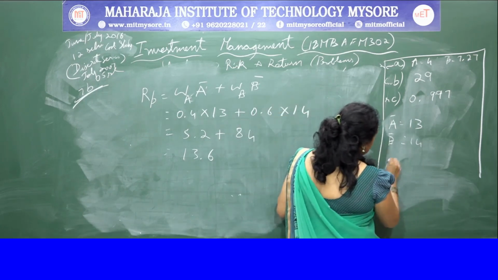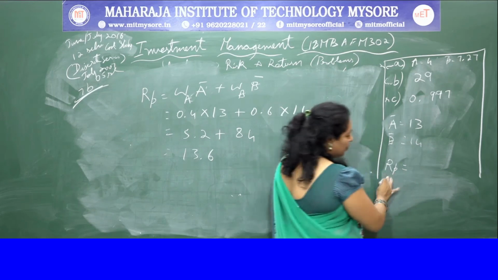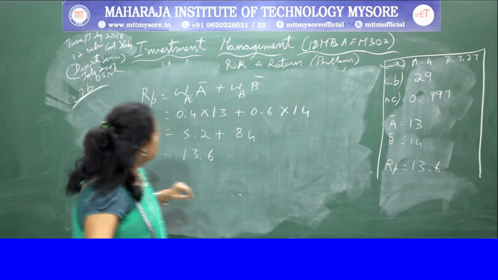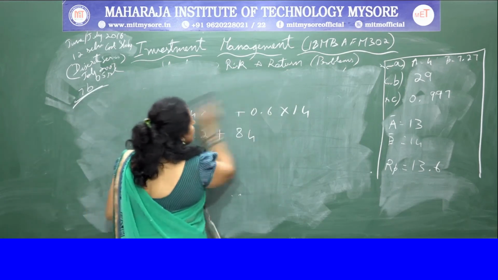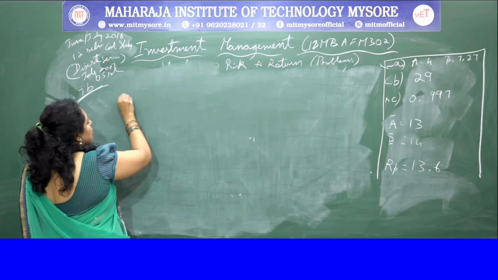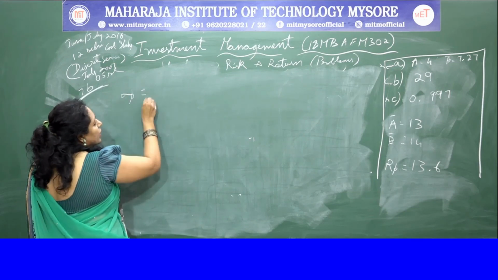So here it is written 13.6. I'll write it here. The return of the portfolio is 13.6. In the same way, for the standard deviation, I'll just do the substitution and tell you all how to do it.